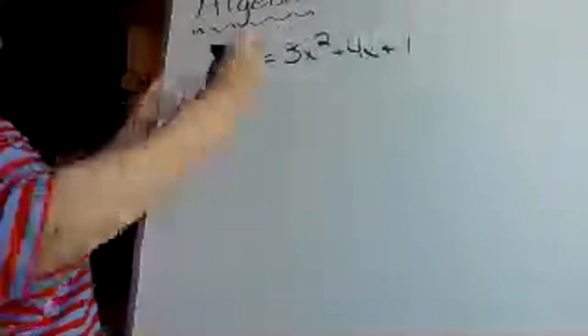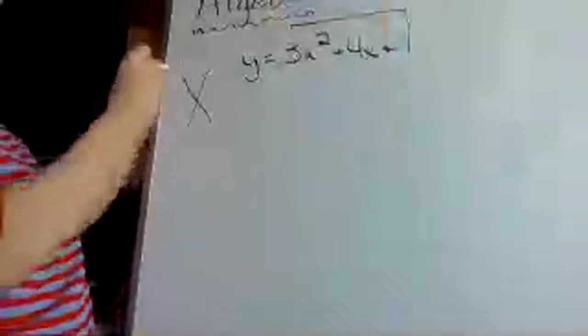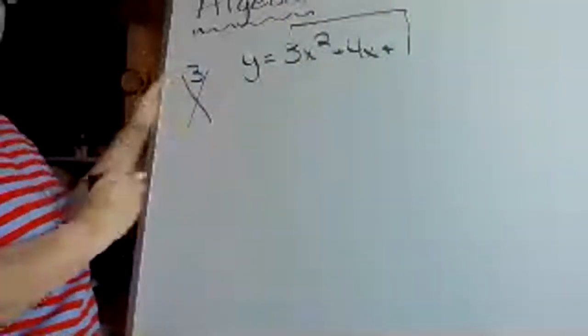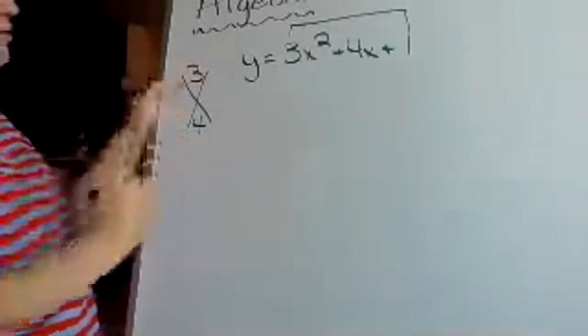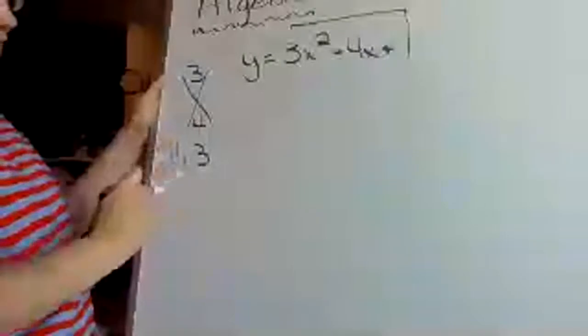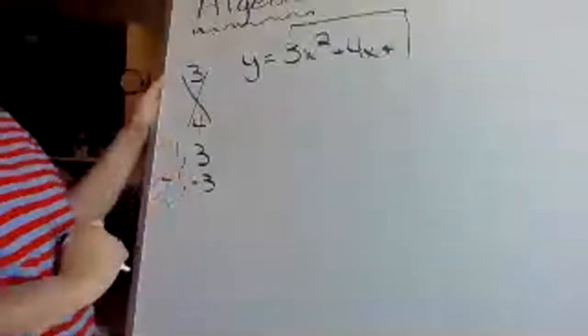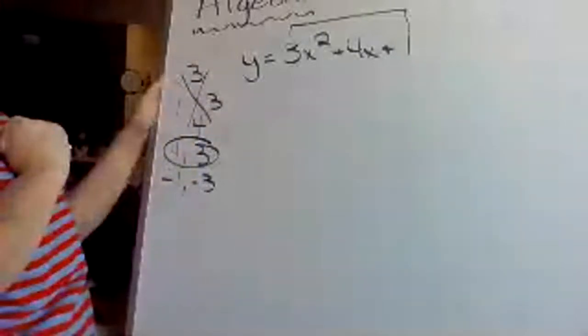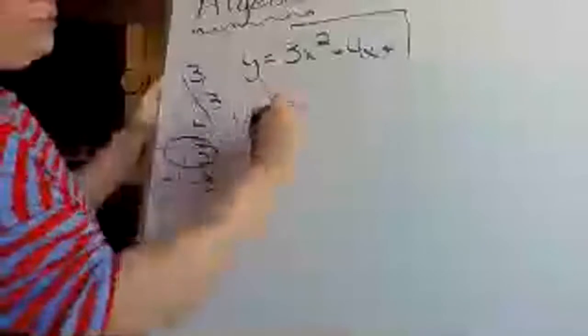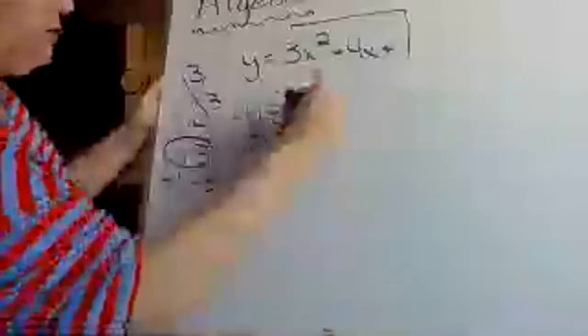Okay. So 23, 3x squared plus 4x plus 1. Okay. I'm going to do my x over here. So I multiply these two together. If I multiply 3 and 1 together, I get 3. Then this is my b value, which is 4. What are the factors of 3? 1 and 3, and negative 1 and negative 3. Which ones add together to get 4? These two. So 1 and 3. So, I know I say so a whole lot.